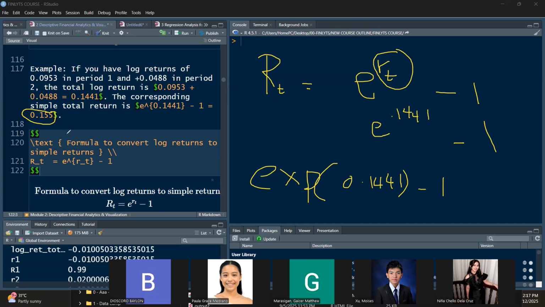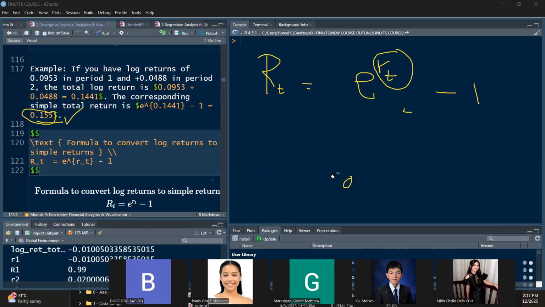Now, if it was the reverse, class, if you're given this 0.155, and you notice that the simple return is greater than your log return, how do we now get the log returns given the simple returns? So from this formula, and then I'll end here, class.